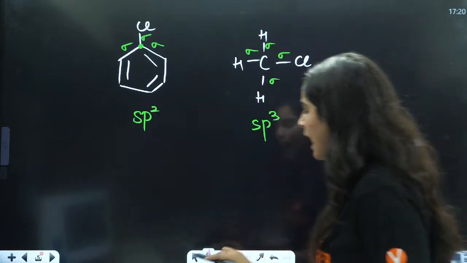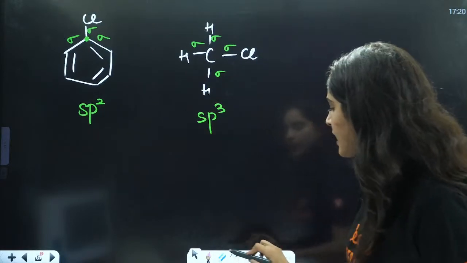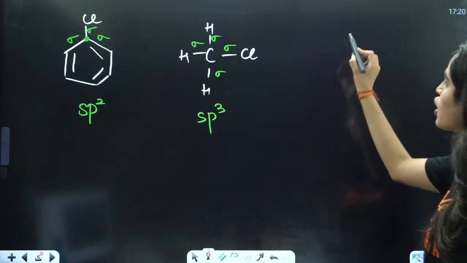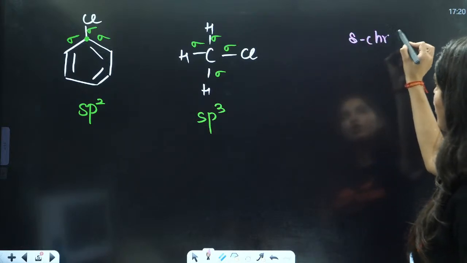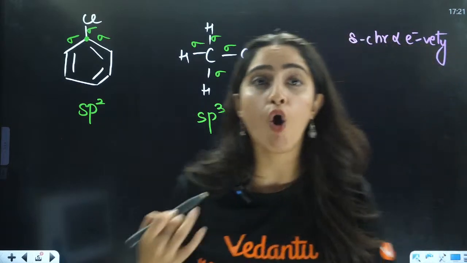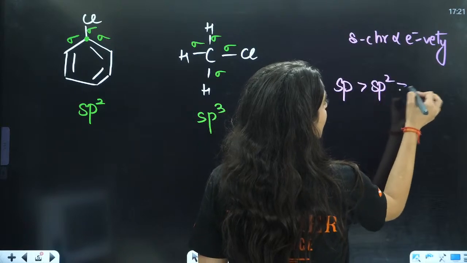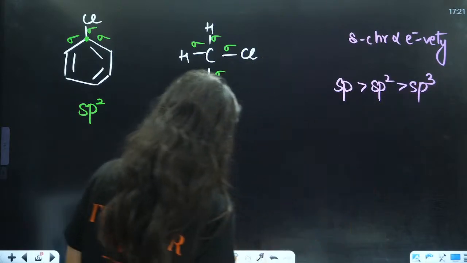Now we know that electronegativity is in sync with the s character, right? More is the s character, more is the electronegativity. So the electronegativity order is, maximum for sp, then sp2, minimum for sp3, right?